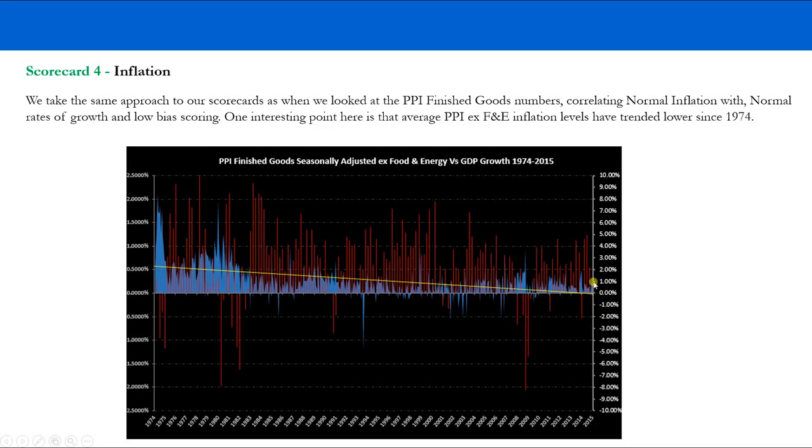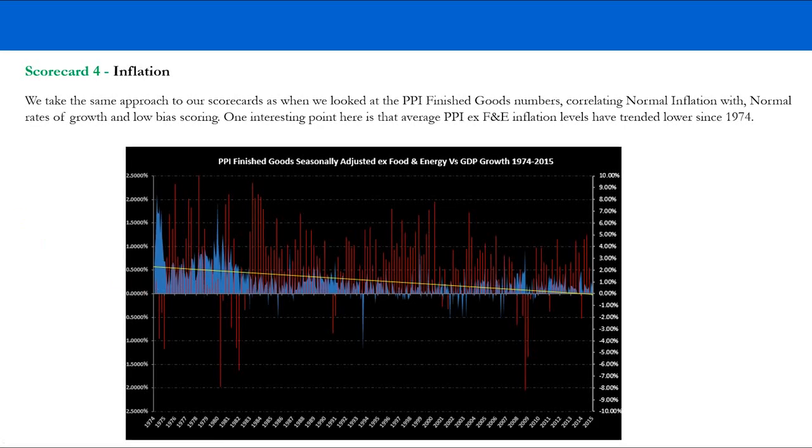So we can see that around 0.25% of PPI X food and energy over this entire data set is equivalent to around 1% of GDP. And we know that is around the bounds of normality.